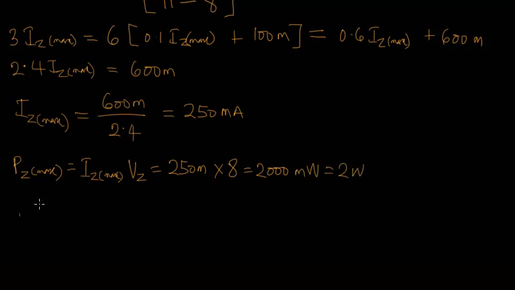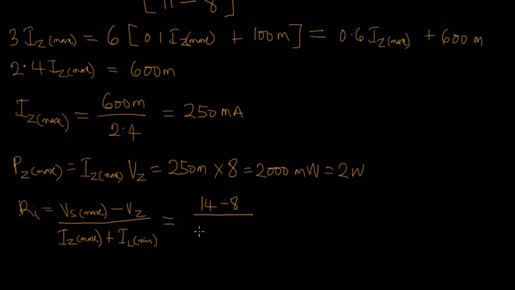The current limiting resistor Ri is equal to Vs max minus Vz all over Iz max plus IL min, which is equal to 14 minus 8 all over 250 milli plus 0. That will give us 24 ohms.